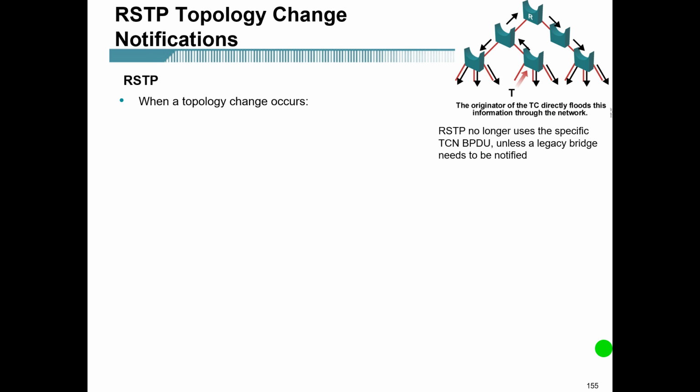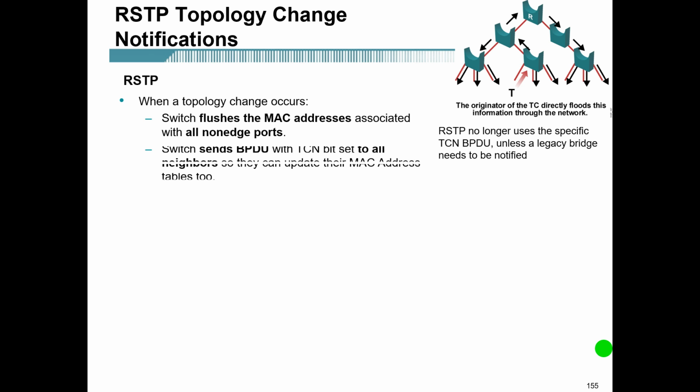So, RSTP topology change notifications. When a topology change occurs, switches flush the MAC addresses associated with all non-edge ports. Switches send a BPDU with the TCN bits set to all neighbors so that all of the neighbors can update their MAC address tables too.